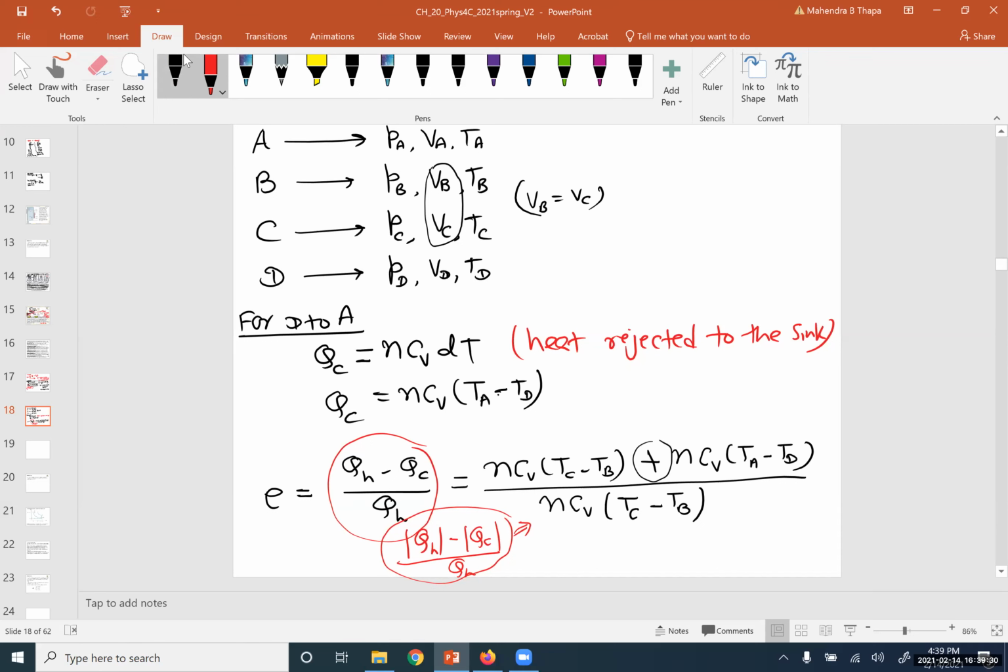If you consider this part, we can simplify like this. We can cancel N CV from both.